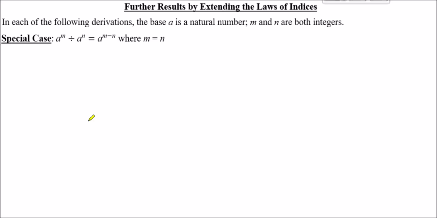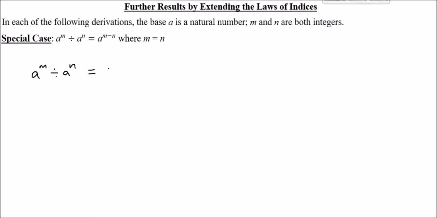There is also a special case, and in fairness, I did mention this last lesson because I couldn't resist, it's so important. However, let's formally define it again, because it can't hurt to do it a second time. So, we need to prove a special case where m is equal to n using this division law of indices. First of all, let's begin by saying a to the m divided by a to the n.